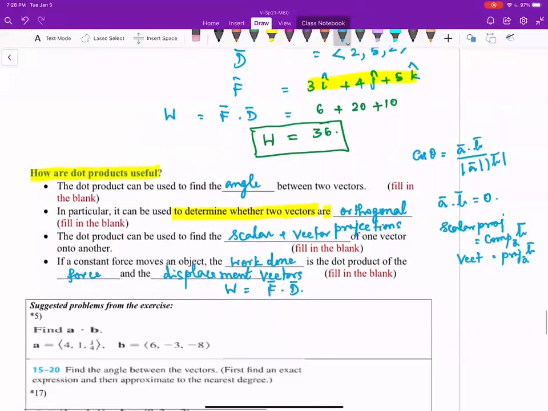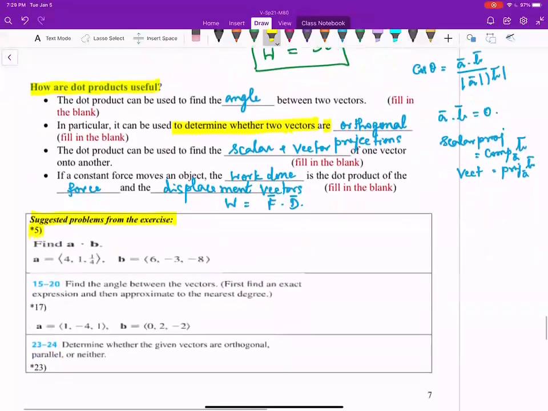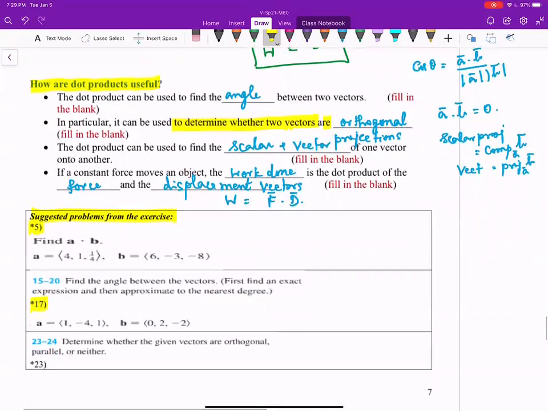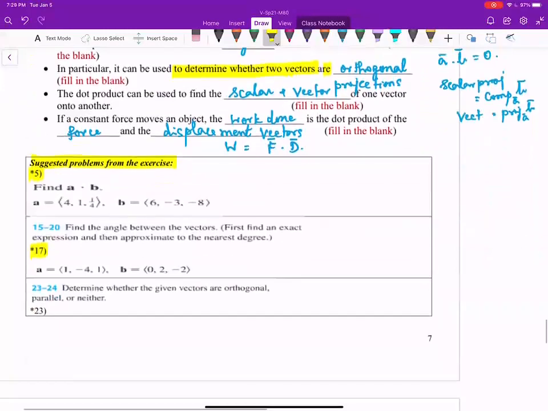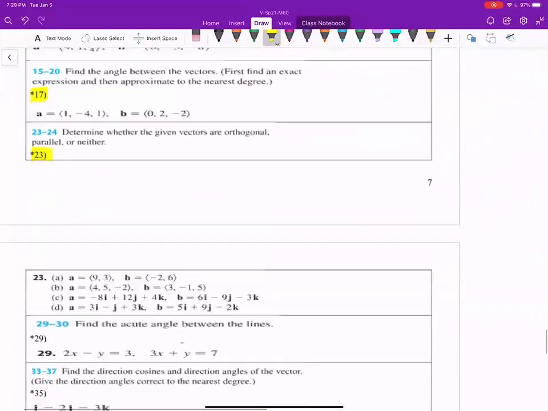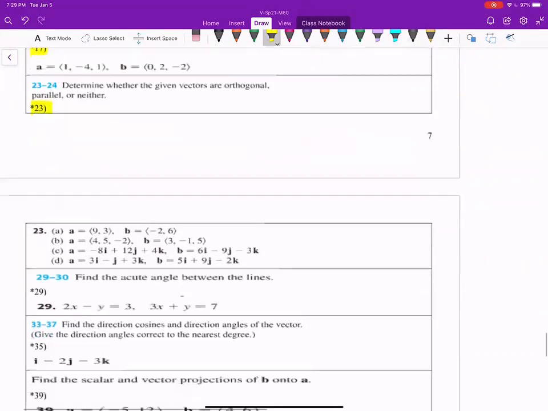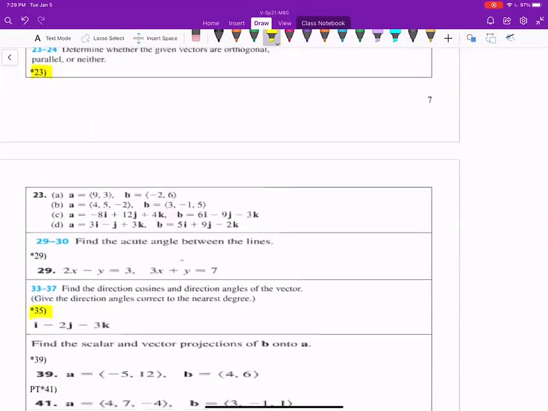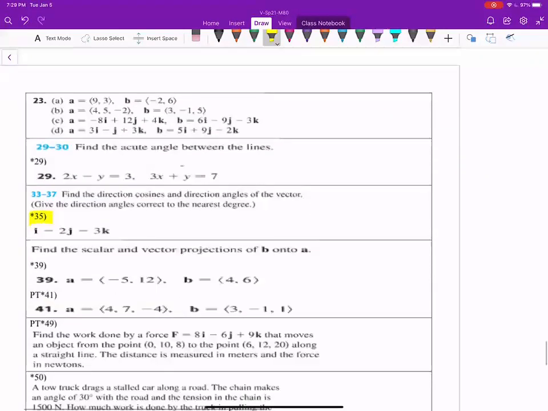Then I have done the suggested problems from the exercise. Problem number 5 is done in the video. Problem number 17 is done in the video. And then 23, 35, 41, 49.